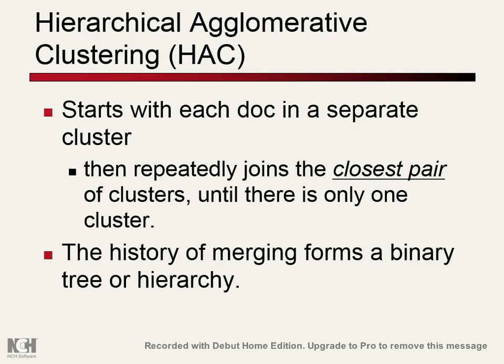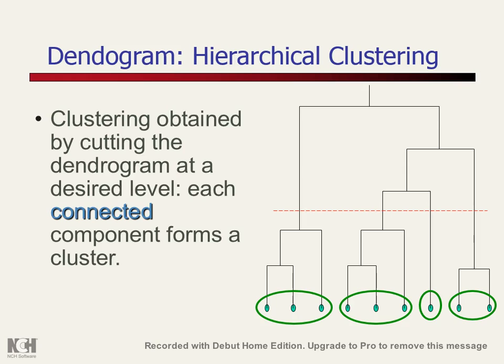Okay, you see, so it's very different from the top-down approach. At the start, each document is a cluster itself. And each time you just select the two closest clusters to be merged. For example, maybe these two are closest, so you just merge them together. And the next time, maybe this cluster is the closest to this one, so you merge them.